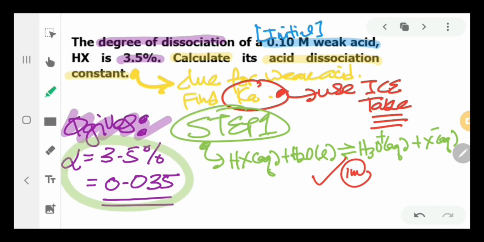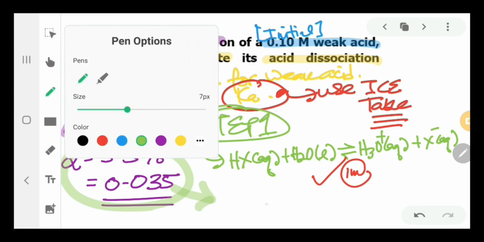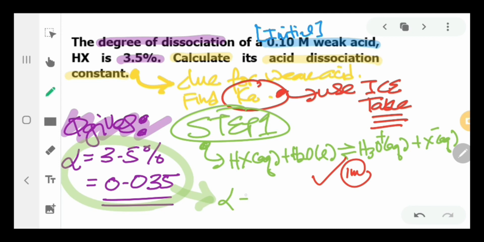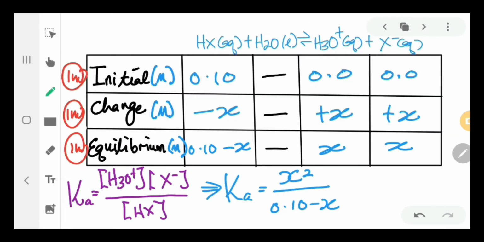Degree of dissociation is defined as concentration of change over concentration of your initial. So when you look at your ICE table, remember, this is the part where we're going to look for degree of dissociation. And then over there, we can find x. Okay?